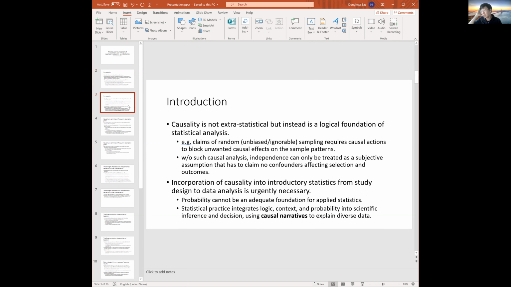Causality is instead a logical foundation of statistical analysis. For example, claims of random, unbiased, ignorable sampling require causal actions to block unwanted causal effects on the sample patterns. Without such causal analysis, independence assumptions can only be treated as subjective assumptions that have to claim no confounders affecting selection and outcomes.